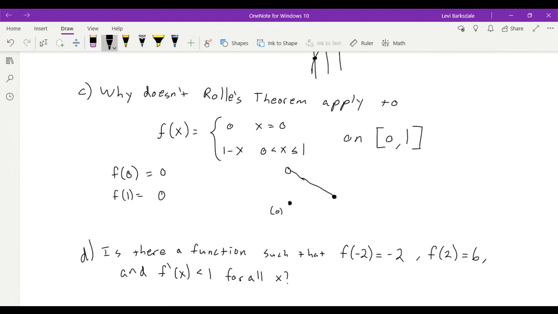So if this is 0, 0, the origin, and this is 1, 0, you can see that we've actually got a discontinuity right here. It's not continuous, and that is a requirement for Rolle's theorem to apply. So because it is not continuous, Rolle's theorem does not apply.